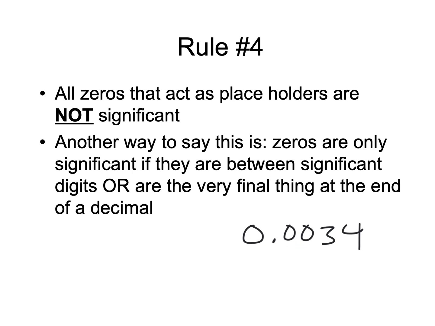They're just placeholders for the actual measurement, which would be 3.4 or 34, whatever it is. Now, if that was confusing at all, there's another way to say this: zeros are only significant if they are between significant digits or if they happen to be the very final thing at the end of a decimal point. Those are the only times when the zeros are definitely going to be significant.